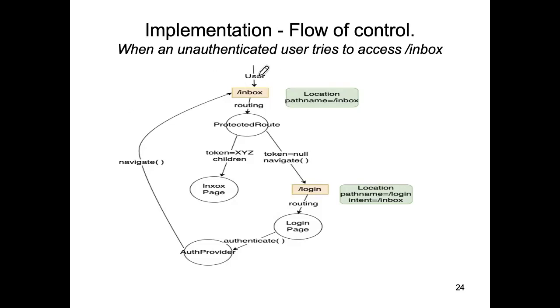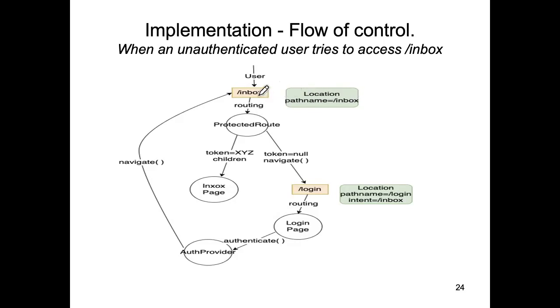So the user clicks the inbox link, let's say. And so my square box here means that the browser's URL address has changed. When the browser's URL address changes, React Router creates a location object, which I'm representing over here on the right. In this location object, there's nothing interesting other than the pathname key, which has the current URL of the browser.